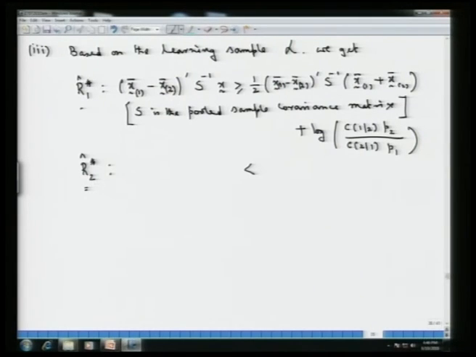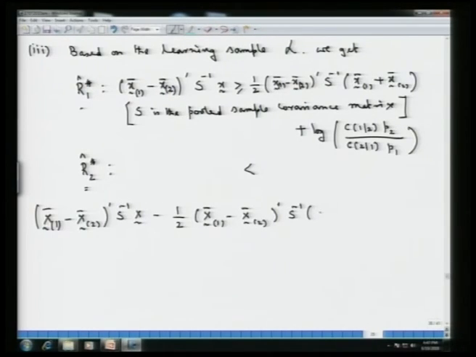Now, there is a special term that is usually used for the difference of this minus the first term on the right hand side: x1 bar minus x2 bar, this transpose S inverse x, minus half x1 bar minus x2 bar transpose S inverse x1 bar plus x2 bar.